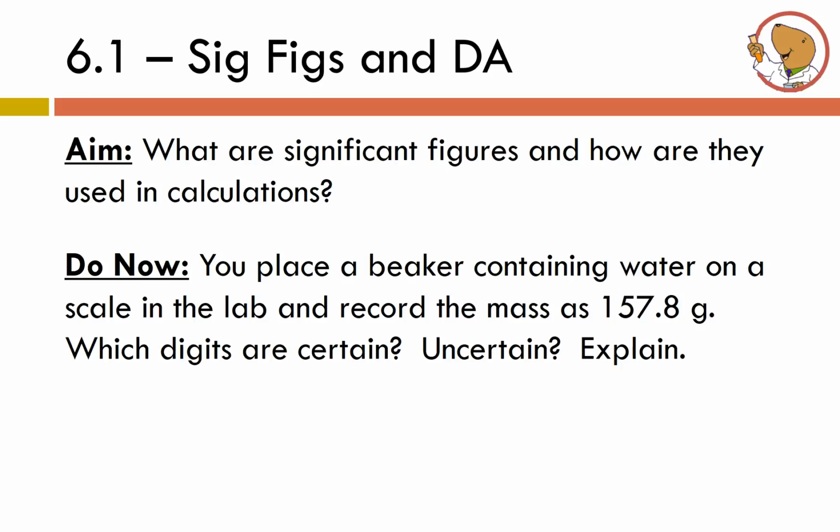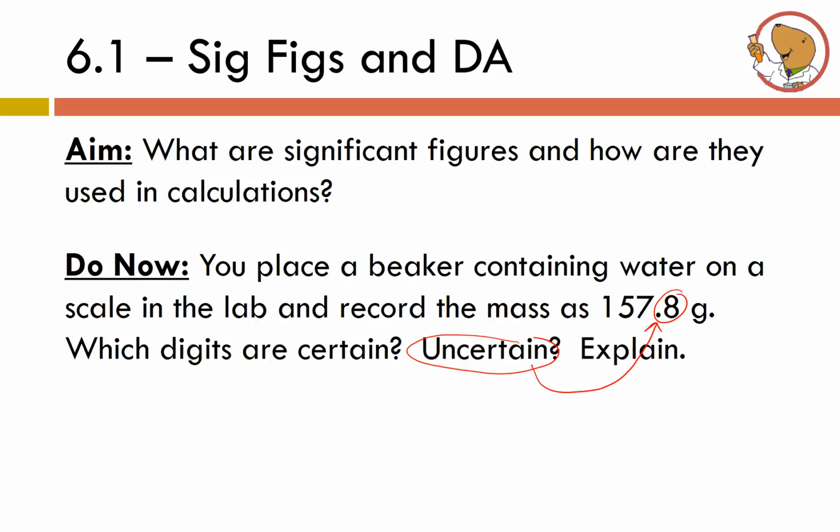Regardless of what tool or instrument you're using to take a measurement, there's always some degree of uncertainty. It doesn't matter if it's a fancy digital piece of equipment or something like a graduated cylinder where you have to take the measurement manually. The uncertain digit is always the last digit. It's uncertain because it's been estimated.